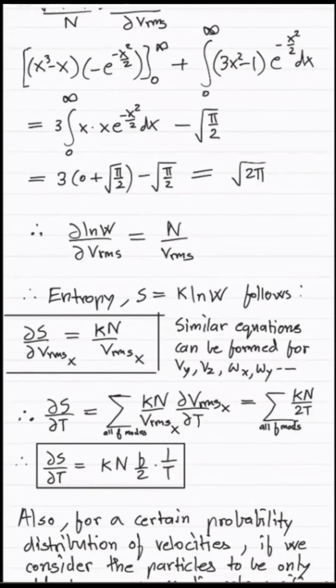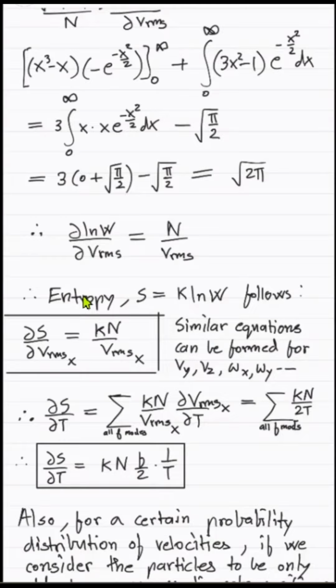So basically what it's saying is that the entropy, which is given by K natural log of W, follows this equation. And once again, K is just the Boltzmann constant. So the entropy follows this equation, partial derivative with respect to the VRMS in the x direction. I'm using the subscript x because you can get the same kind of equation for each direction, y and z.